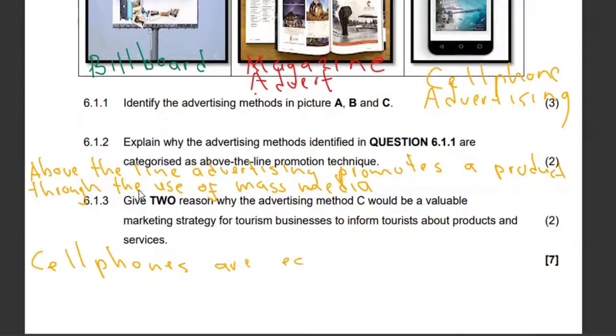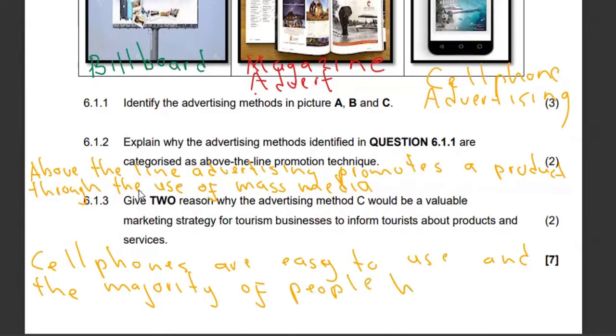And the majority of people have access to cell phones. Cell phones are easy to use and the majority of people have access to cell phones.